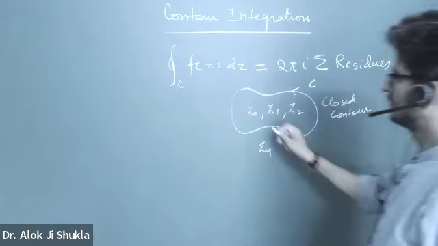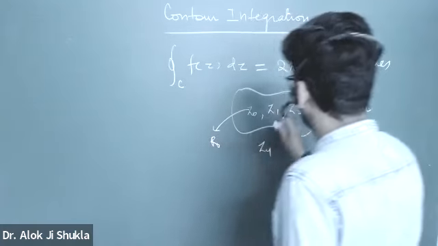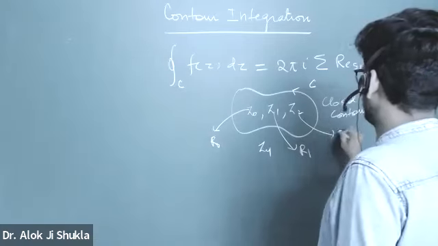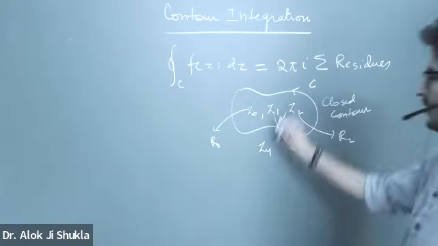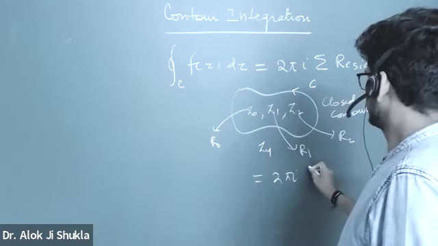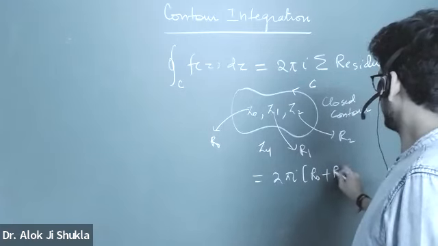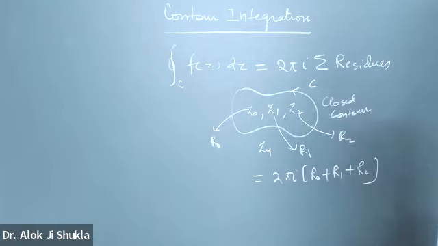Suppose corresponding to Z0 the residue is R0, corresponding to Z1 the residue is R1, corresponding to Z2 the residue is R2. So the integration will be 2 pi I times the sum of residues, meaning R0 plus R1 plus R2.